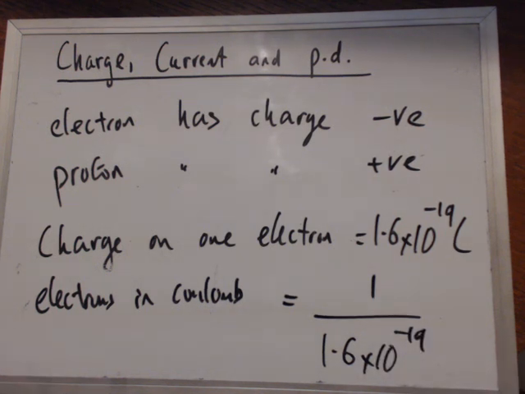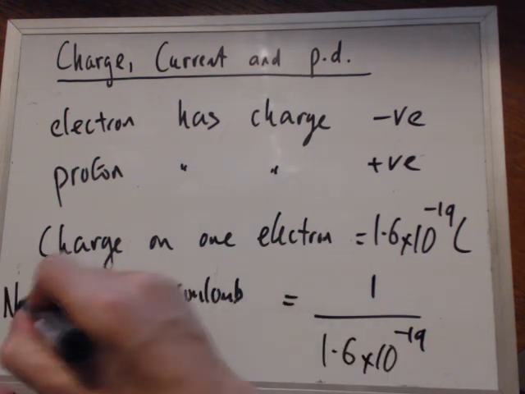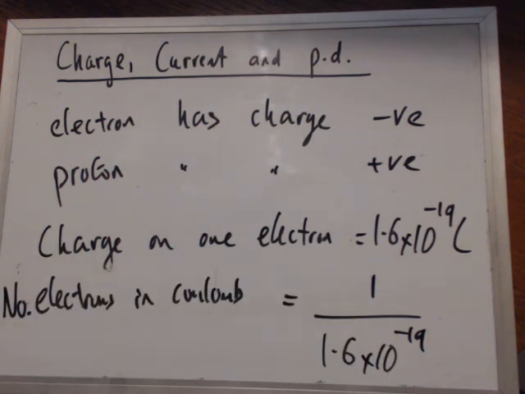That's how many electrons there are in a coulomb. You have to do that calculation yourself, because I don't have a calculator handy. Number of electrons in a coulomb, 1 over 1.6 times 10 to the minus 19.